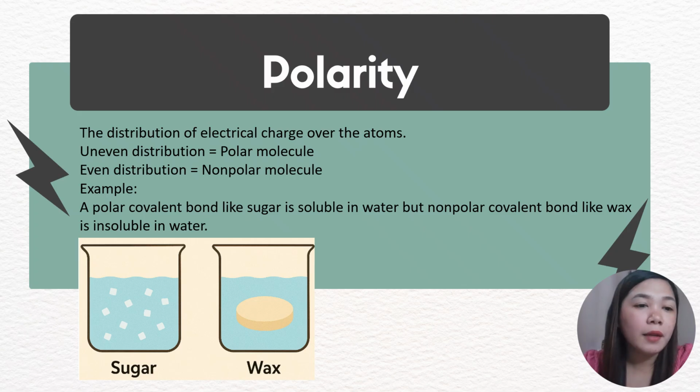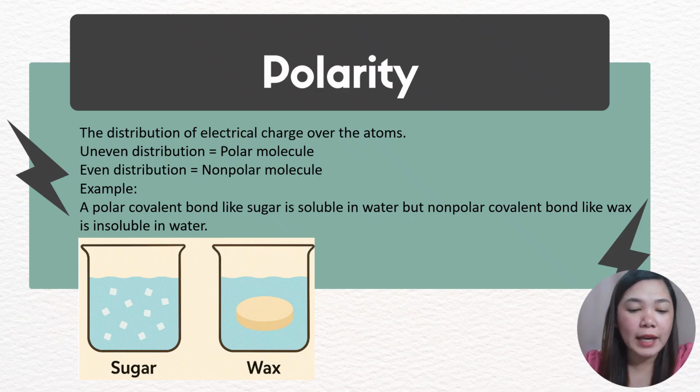For example, a polar covalent bond like sugar is soluble in water. Obviously, we know that one. But a non-polar covalent bond like a wax candle, when you put it into water, of course, will be an insoluble material. So we're talking here about polarity, the distribution of the electrical charge of an atom.